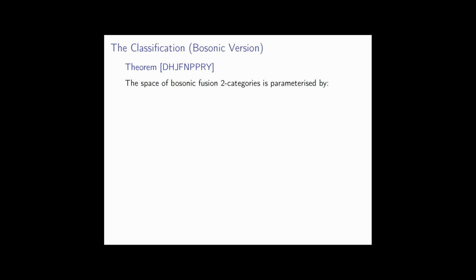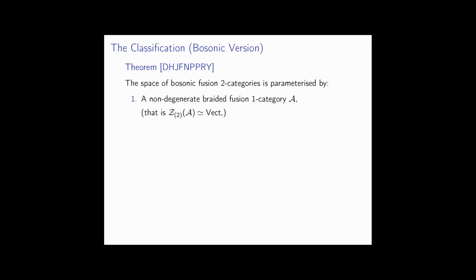So the classification of bosonic fusion two categories proceeds as follows. The first piece of data is a non-degenerate braided fusion one category A. Maybe a remark I should make here: because we know that fusion two categories contain all braided fusion one categories, or at least the ones that have the Z2 being Tannakian, this is more or less something that we expect.